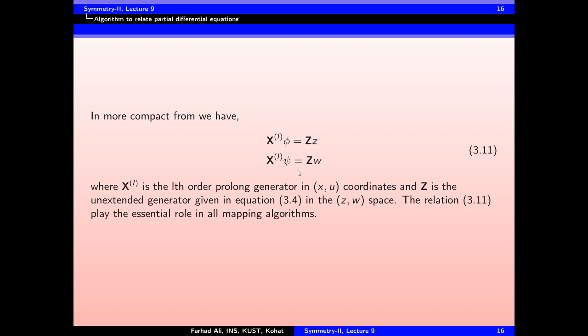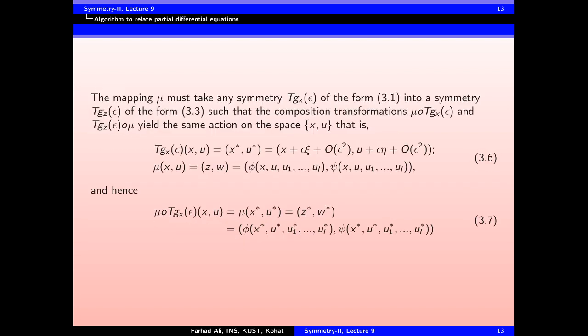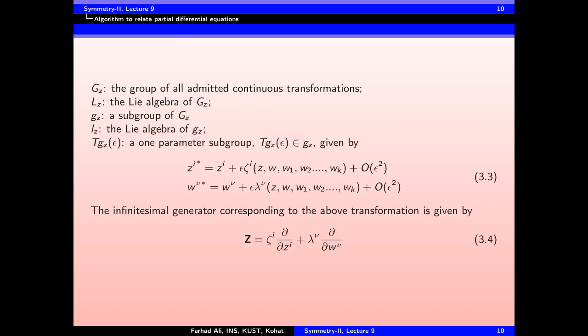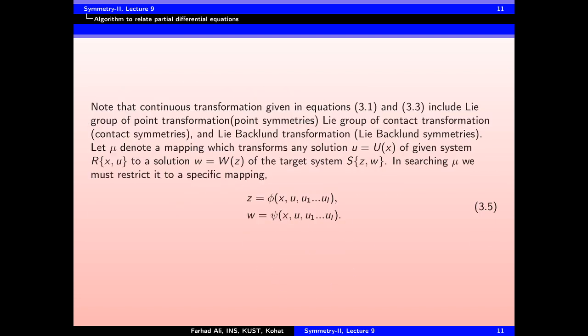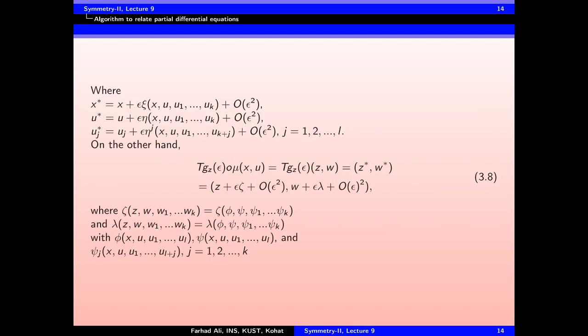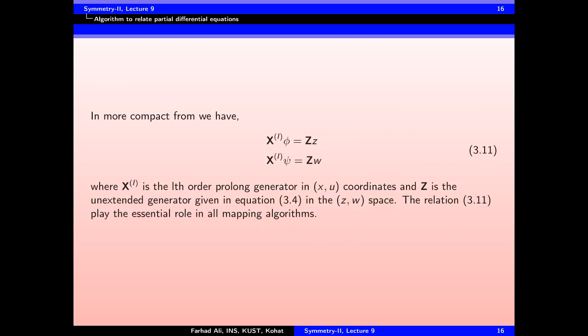It is the generator in the target space. Yes, over here. This is Z. So this is the mapping between the given space and the target space.